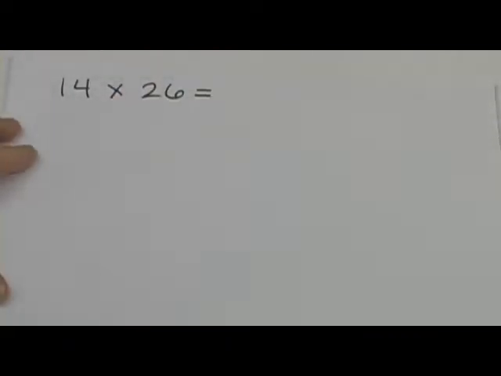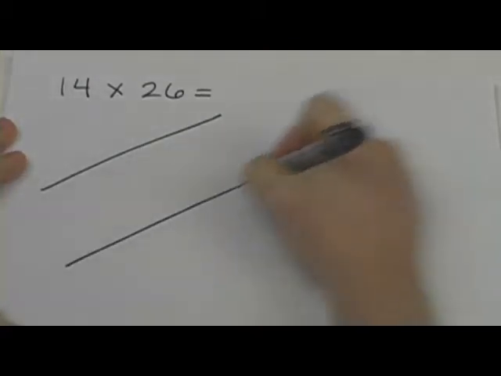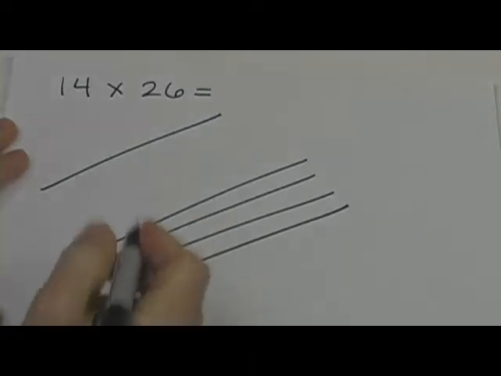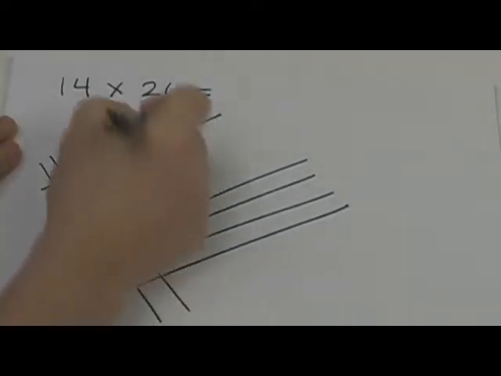Let's try another example. What if you have 14 times 26? So let's first draw the 14. Here's the 1. There's the 4. Now how do we draw 26? There's the 2.